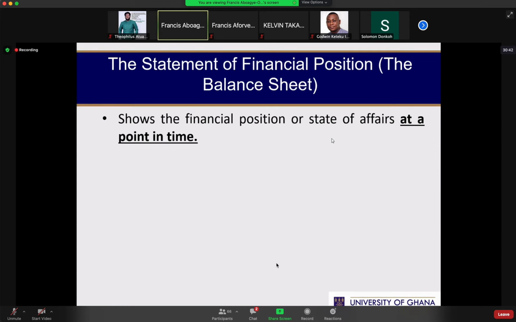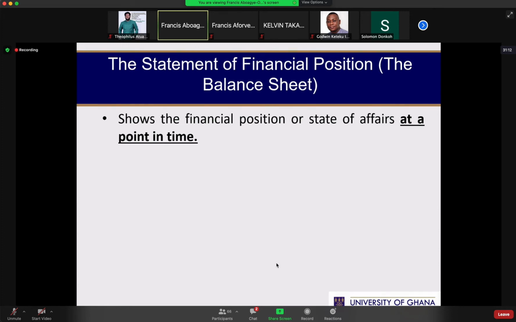If you recollect when we were looking at the accounting equation, we said that if you translate it into statement form, then it is the financial position. And we said that anytime there's an activity, the financial position will also change. So the statement of financial position shows the state of affairs at any point in time.